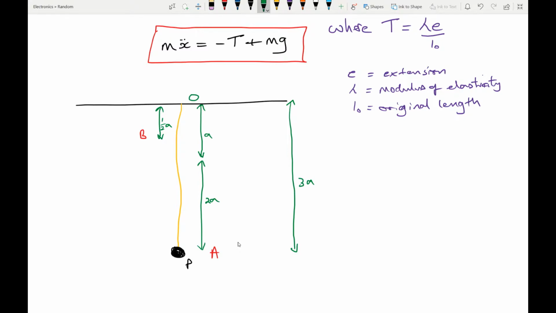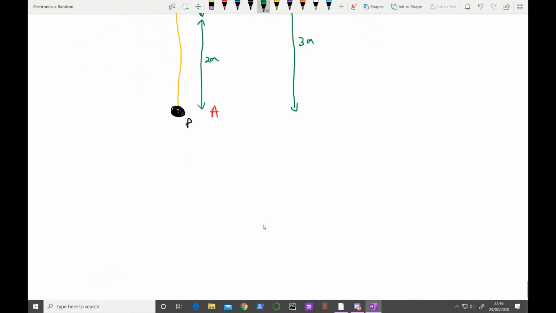So without further ado, let's rewrite this generic force balance equation to illustrate this particle here. And that's simply going to be equal to mg minus kmg (x minus a) over a equals m d2x over dt squared.